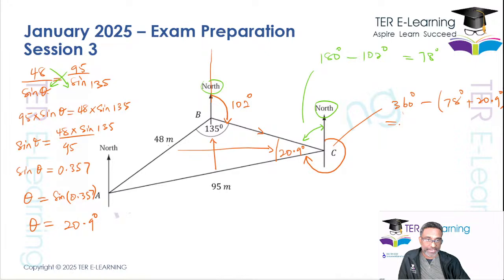So 360 minus, open bracket, 78 plus 20.9, and you're going to get 261.1.